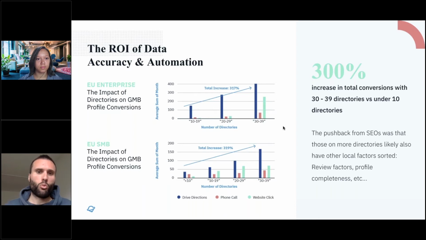So if you want to get the performance benefits, then the best thing to do is to automate your listings, because that is the logical thing to do to make sure that you have this level of consistency everywhere that your locations and your brand are positioned online, and then you're going to see the optimization lead to conversions down the track.